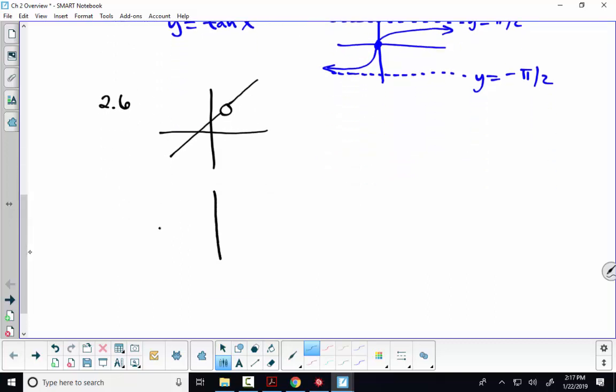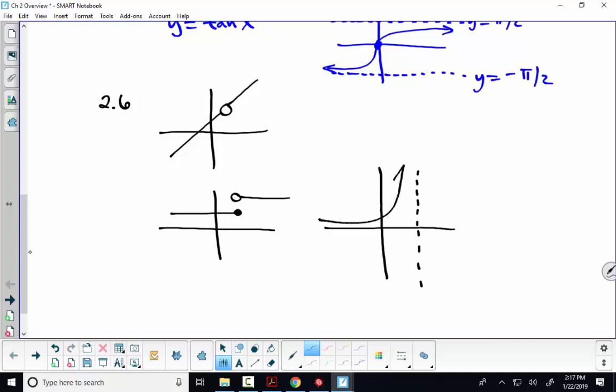We've seen jumps in graphs, and even vertical asymptotes are discontinuities. So really in 2.6 we're addressing formally, informally in past math classes we said it's continuous as long as we can draw the graph without having to pick up our pencil, right?